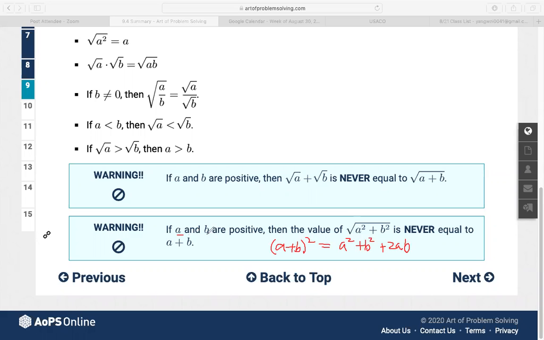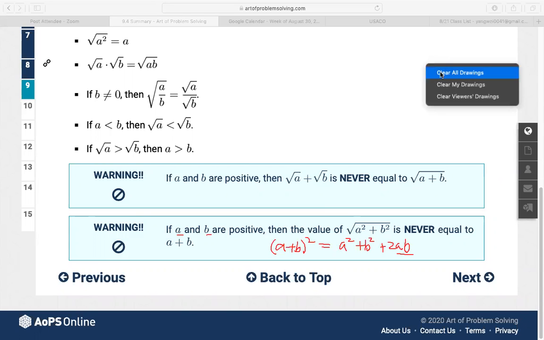If a and b are positive, a times b is positive, and times 2 is also positive. So a plus b will always be greater than the square root of a squared plus b squared. These two will never be equal if a and b are positive, okay?